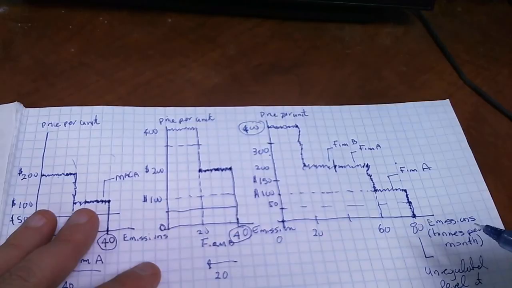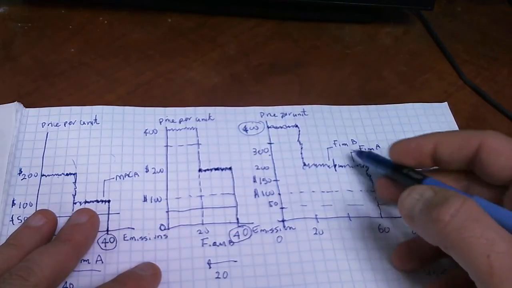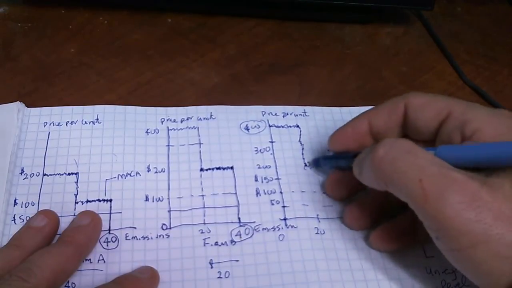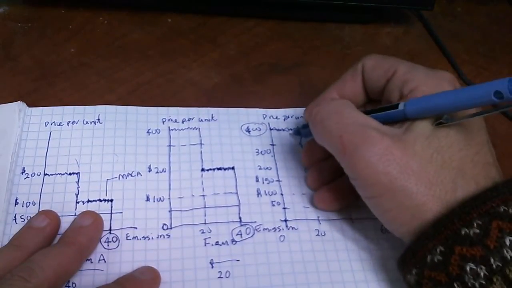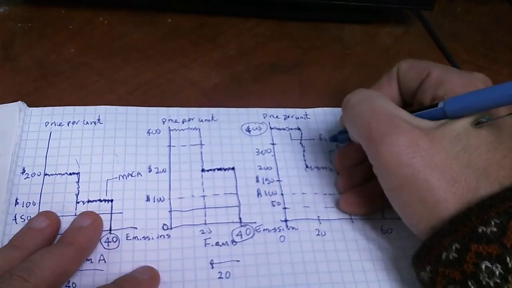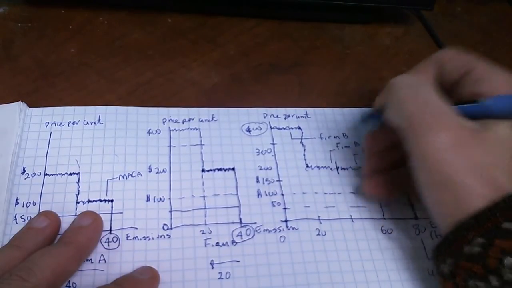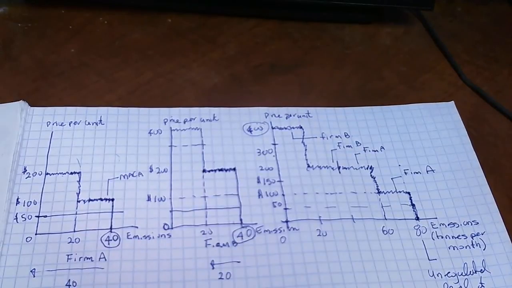And that's how you get this marginal abatement cost curve of this particular shape. So you can see that these emissions here are brought down by firm B.